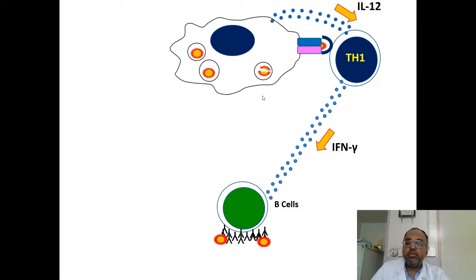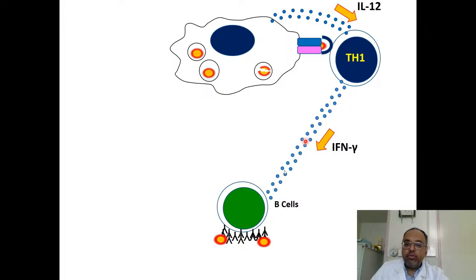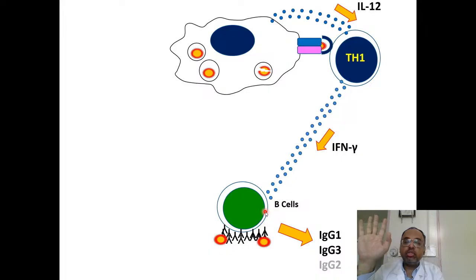So it doesn't require interferon gamma. But interferon gamma here would be helpful for B cells. So it will influence B cells and tell them that, okay, you don't need to produce IgM anymore. What we need now is IgG. Start producing IgG because IgG, especially IgG1 and 3, are more relevant for defense against what I'm going to defend against.